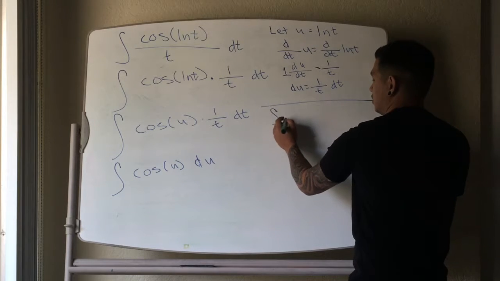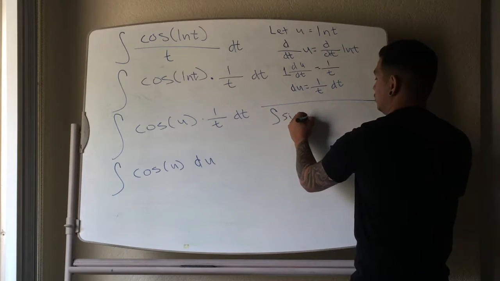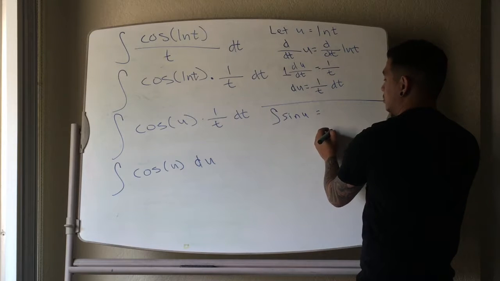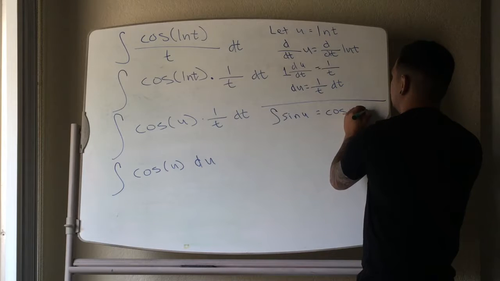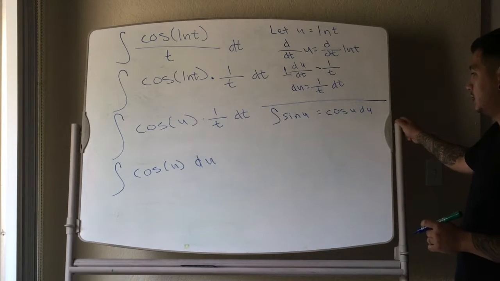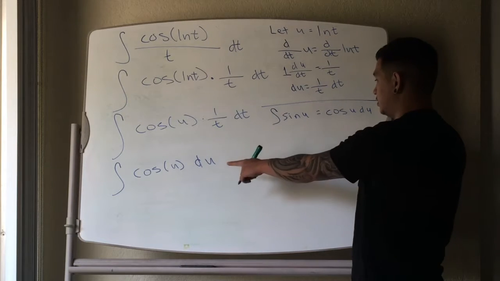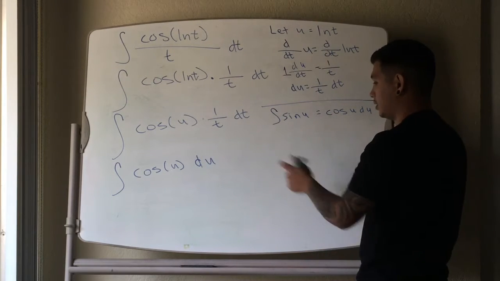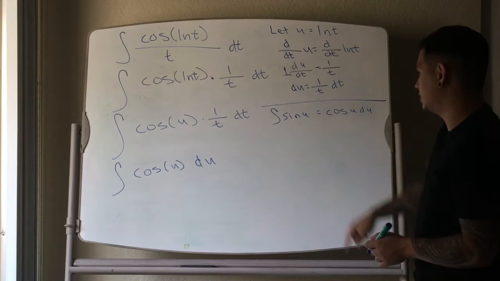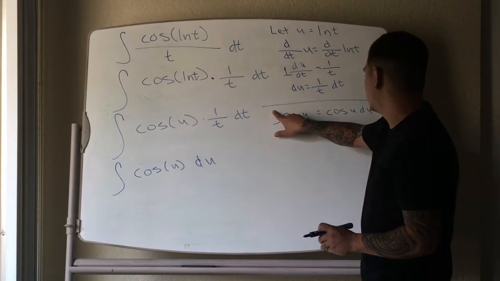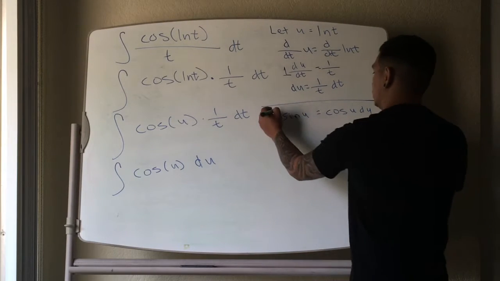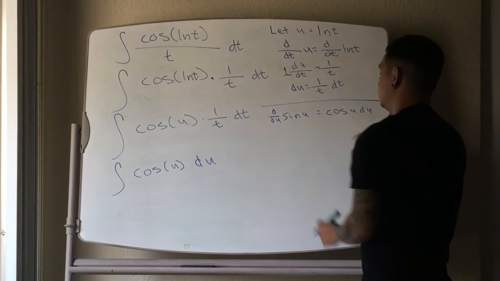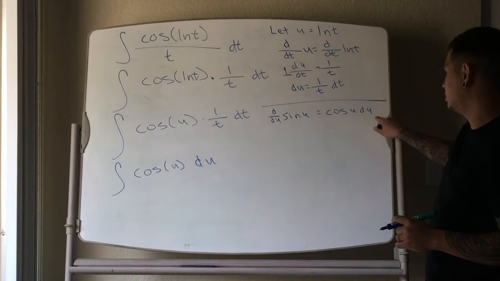We know that the derivative of sine u is cosine u.